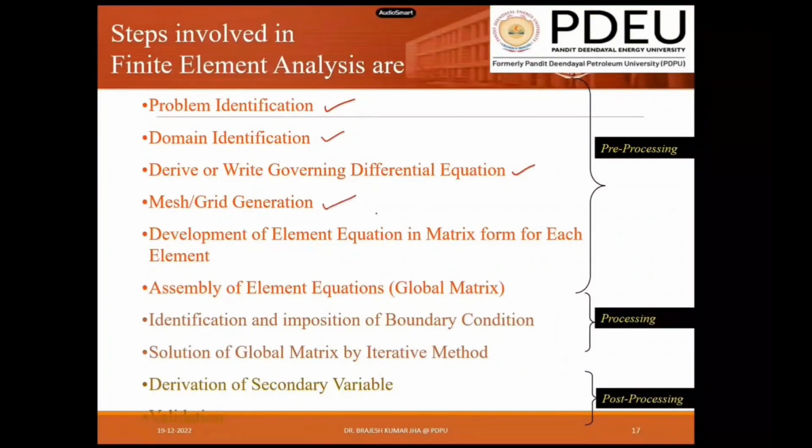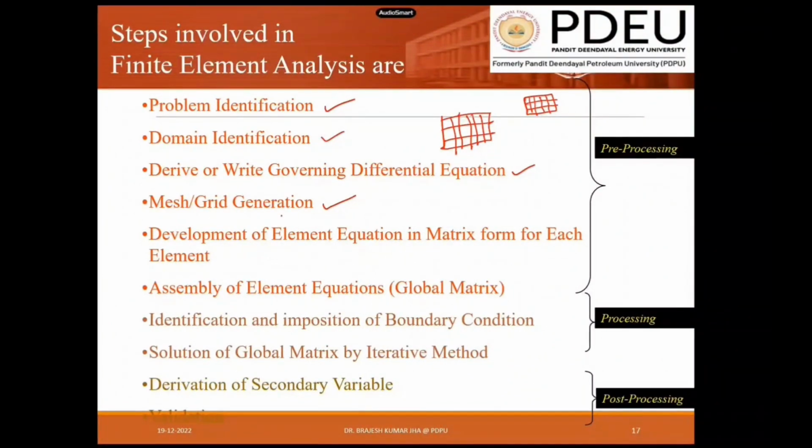It may be regular, it may be irregular. This is also the beauty of FEM. In the finite difference method, if you require any additional node, you have to rearrange the whole structure. But in FEM, the length, width, or area of the element may be different. It is not required to be regular.